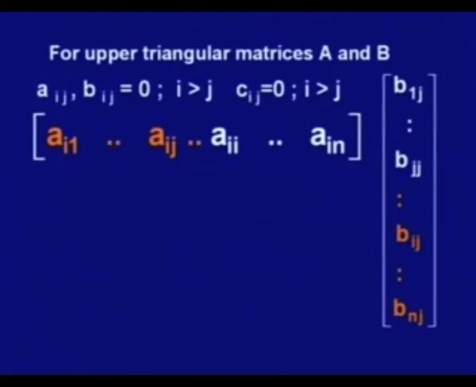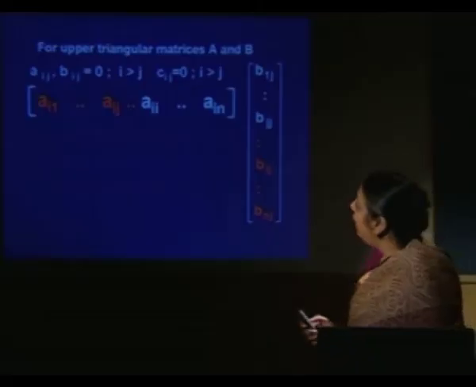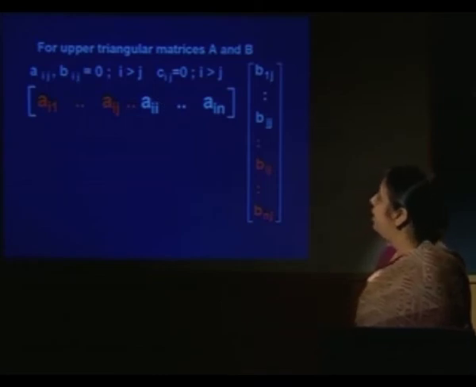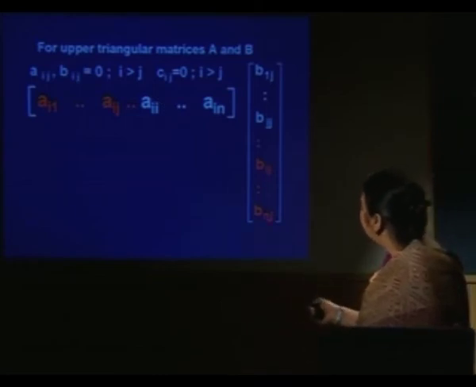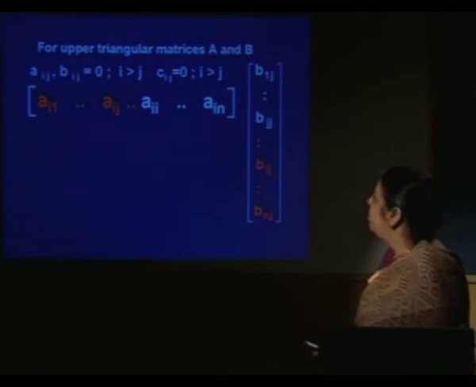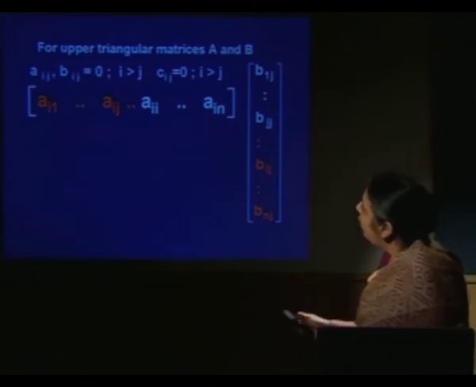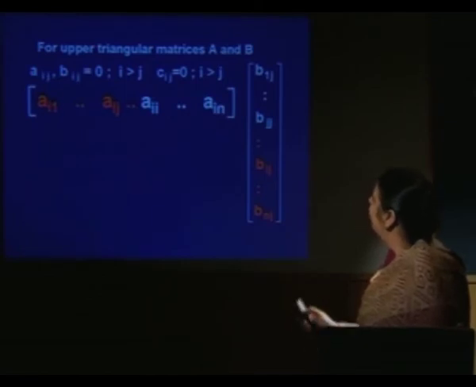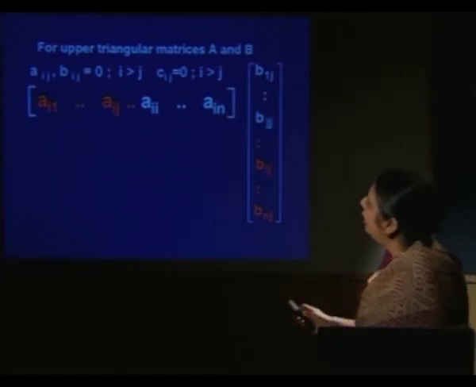So, to obtain Cij, I have to multiply the ith row of matrix A by the jth column of matrix B. If I write down the ith row of matrix A, and this is the jth column of matrix B, notice that some of the elements in this row matrix are orange, and some of the elements here are also orange. They denote that these are the elements which are 0.